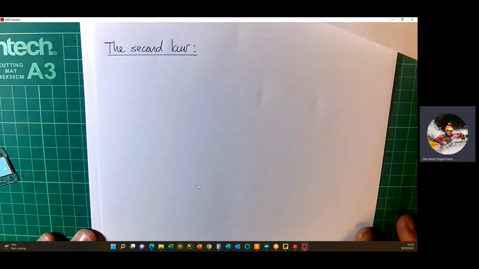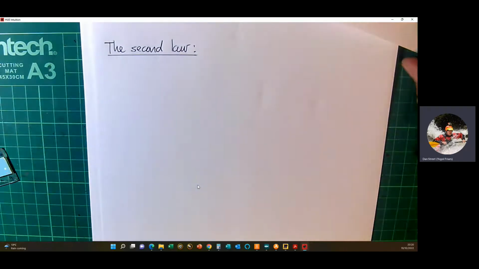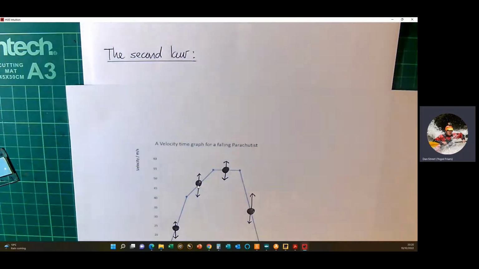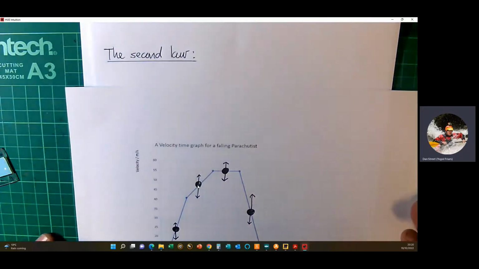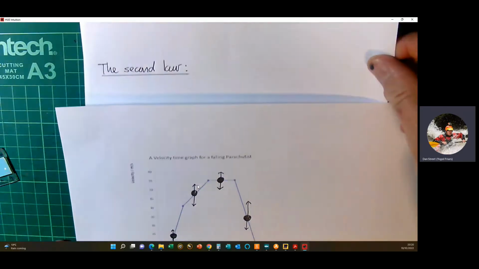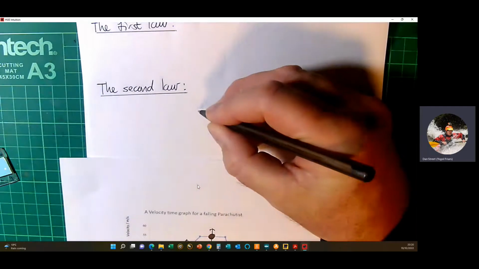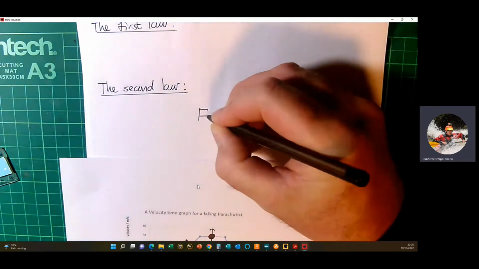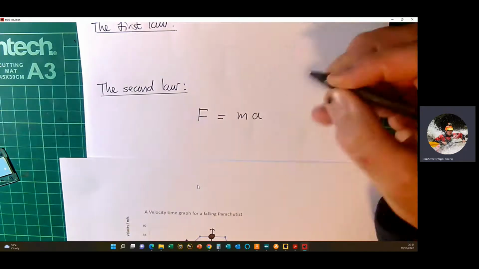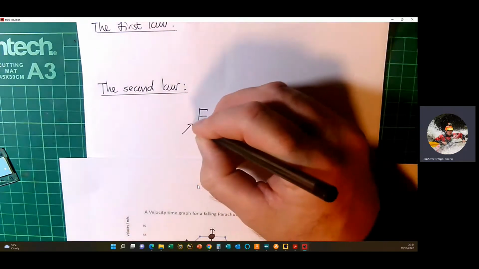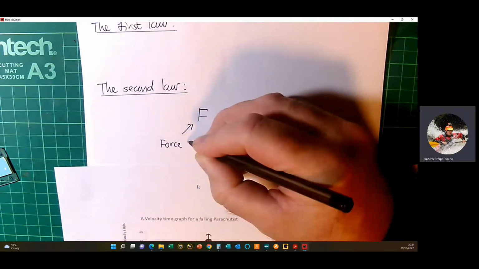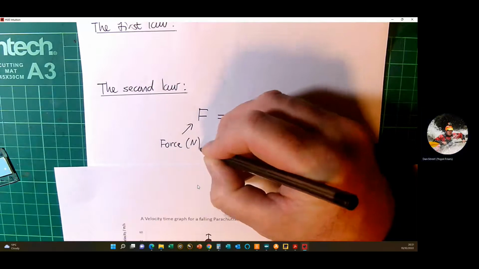Okay, so we're going to go back and we're going to have a look at this diagram, but this time we're going to add some actual values in order to discuss Newton's second law. Okay, so Newton's second law, as you've hopefully already got written down, can be summarized as force is mass times acceleration. Okay, so this is force, and forces are measured in newtons.